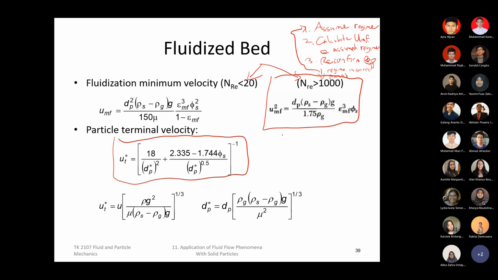It's likely, okay, maybe that's the word. The fluidized regime is likely to be turbulent. So if it's turbulent, then U square MF can be calculated as a function of dP, delta rho g, density of the gas, epsilon MF, and then the sphericity. Okay. Once you get the UMF, then recompute the Reynolds particle.